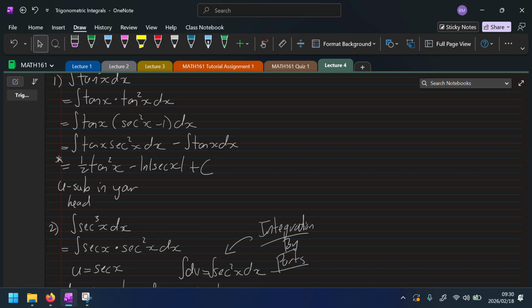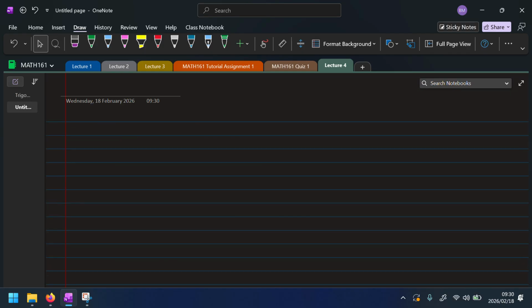Okay, so for the next part, we're still on trig integrals, but these look a little bit different. There are 3 types we're going to look at. It's the integral of sine ax sine bx dx. It's not powers of the trig functions. Here we change the frequency of the wave.